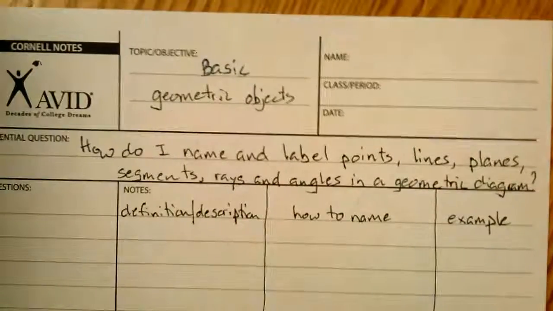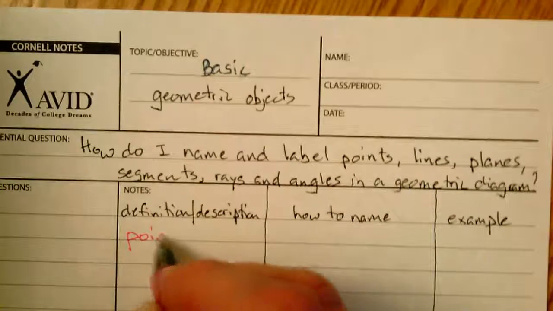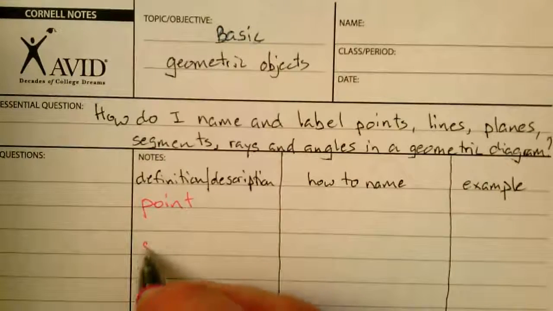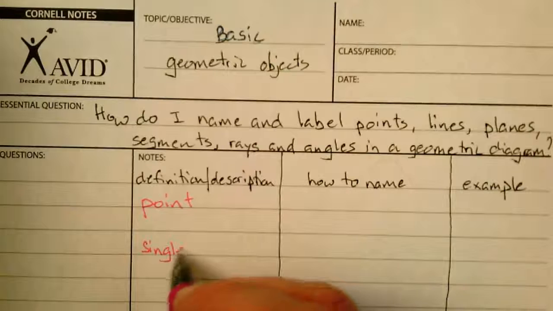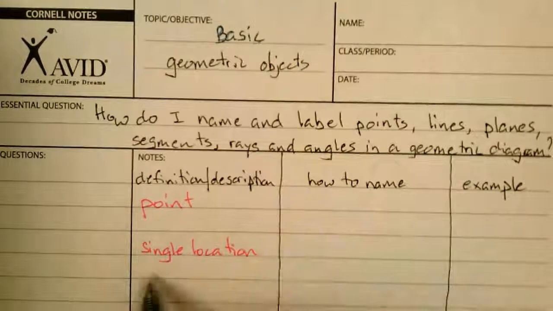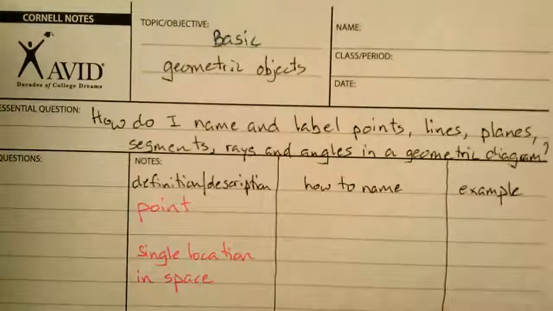So our first item is a point. A point is a single location in space. It's more of a description than a definition. How to name?